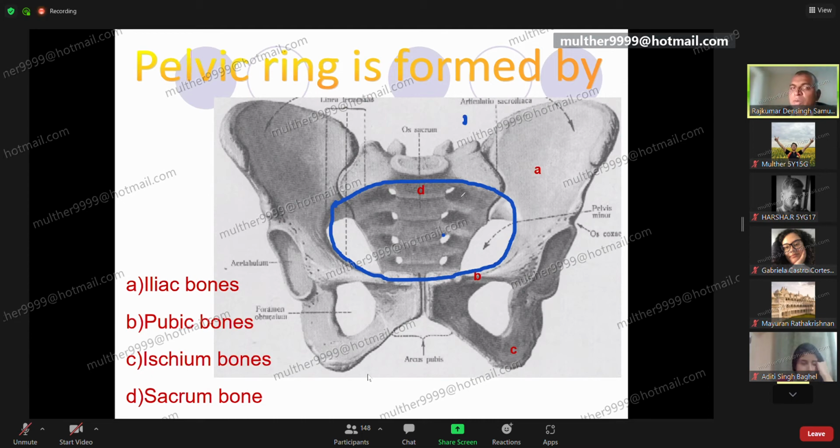So let's talk about some examples. A patient came to hospital with fracture of the iliac crest. Stable or unstable? Stable. A patient came to hospital, for example, with a blow on the anterior surface and fracture of the inferior pubic ramus. Stable or unstable?